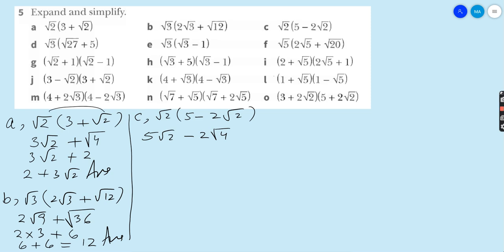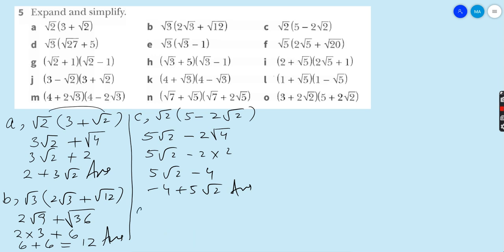Root 2 into root 2 is root 4 and the 2 remains 2. So 5 root 2 minus 2 root 4, and root 4 is 2. So 5 root 2 minus 2 twos are 4. So the answer you can write as minus 4 plus 5 root 2. This is the way of writing answers in surds.